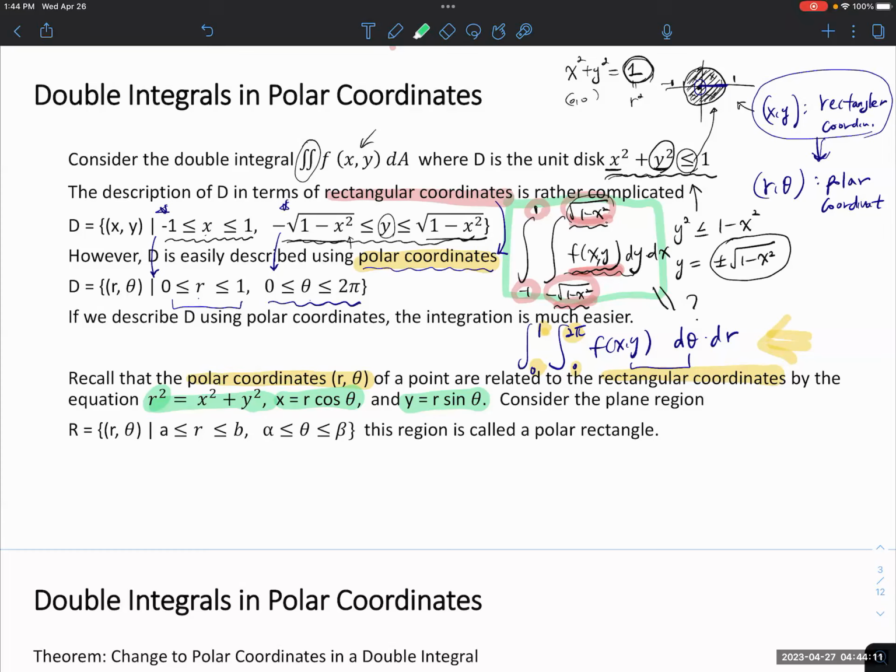Then you can say now, instead of X, Y, the domain for the interval is R comma theta. You're going to find the interval for R, the radius, and the interval for theta. Then you take the double integral: dr with a and b, d theta with alpha and beta, something like that.